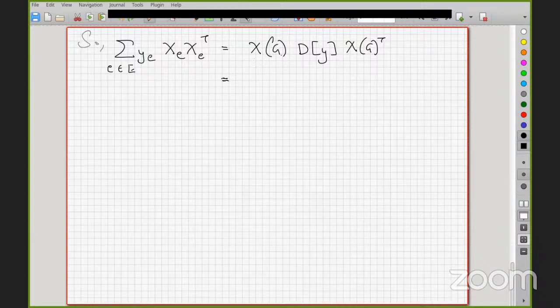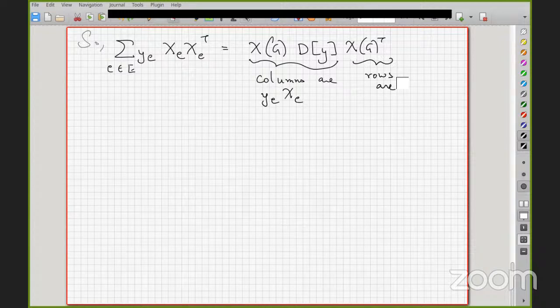So the columns are exactly y_e times chi_e, that's exactly the columns of this guy. And the rows are exactly chi_e transpose.